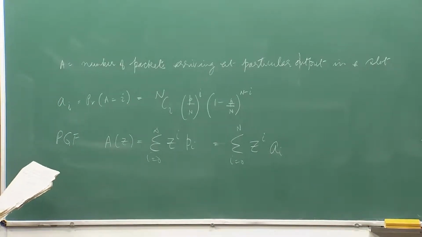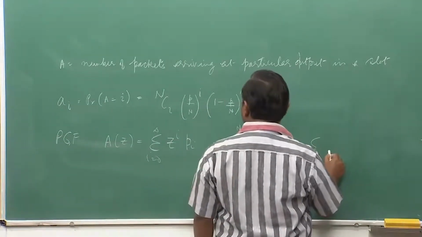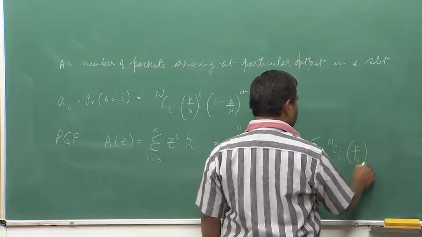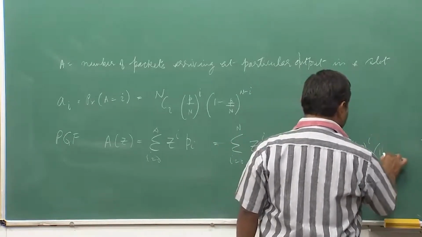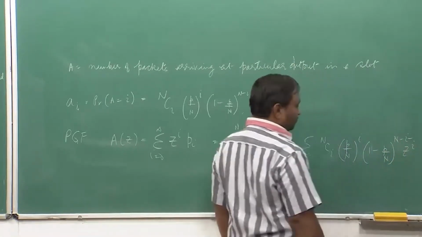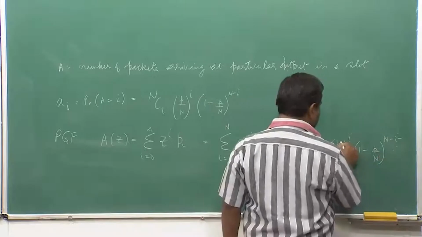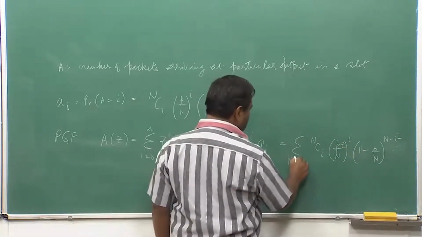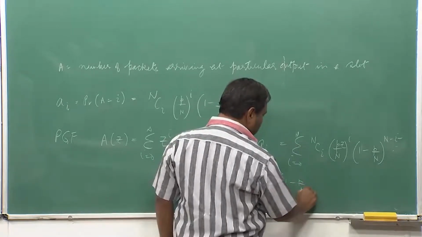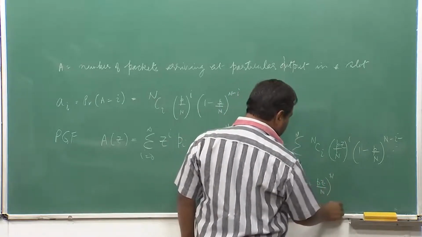So, we can put in the values of Ai from here and then solve it. This z to the i, I can take inside with p by n. This is a complete binomial. So, I can write this as 1 minus p by n plus z p by n, raised to power n. That should be the value of A(z).